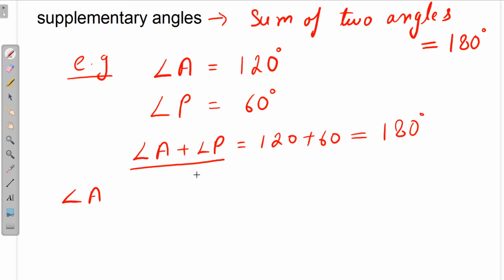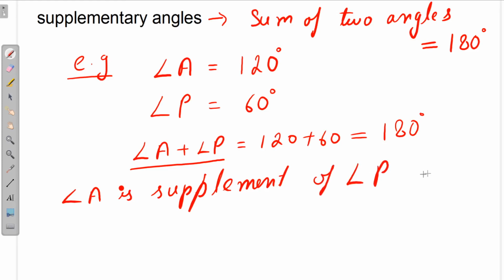Angle A is supplement of angle P, or vice versa. Vice versa means we can also write this like this, angle P is the supplement of angle A.